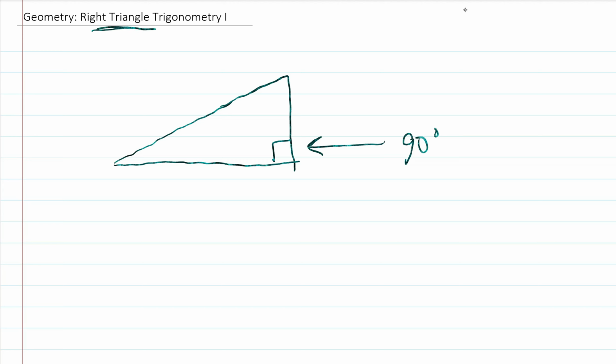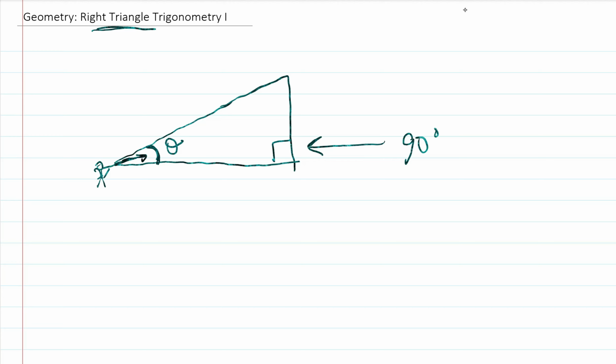It's a right triangle. For a right triangle, there are some special characteristics. The first thing I'll do is label this angle right here with the Greek letter theta. And if we look at all the sides through theta, let's say we're standing right here behind theta and looking out this direction.